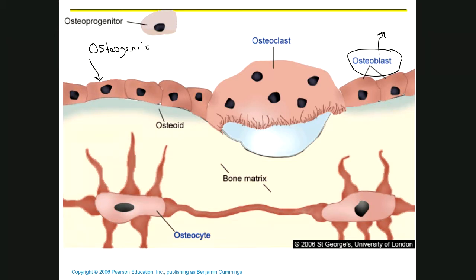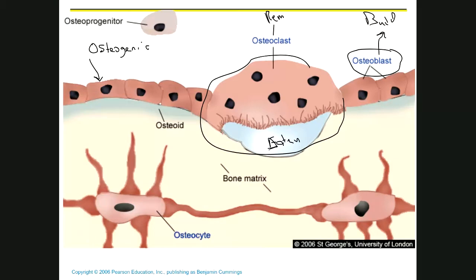They build bone. But we also have this much bigger cell. Look, it's eaten away. It ate it. It destroyed it. Because they can also remove bone. So I can build and I can remove.